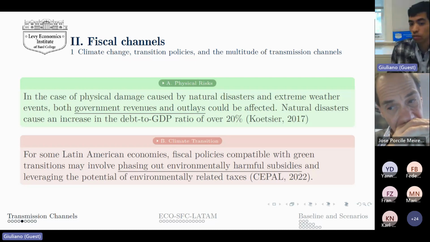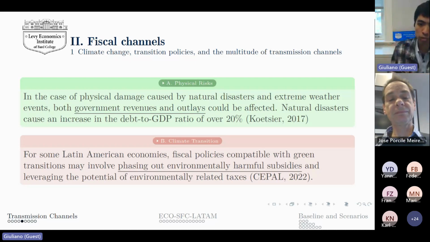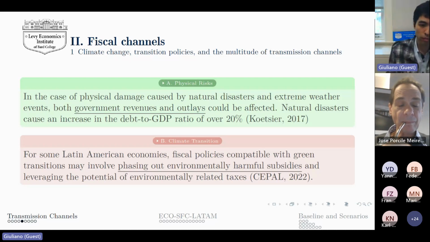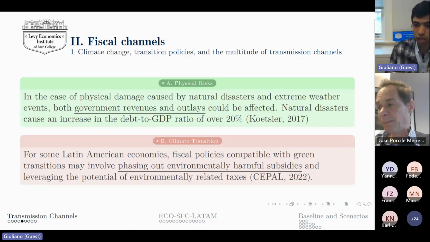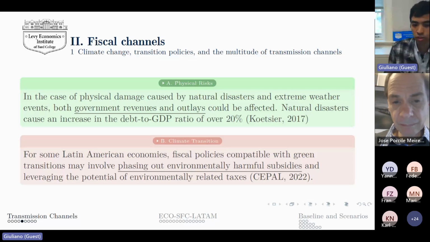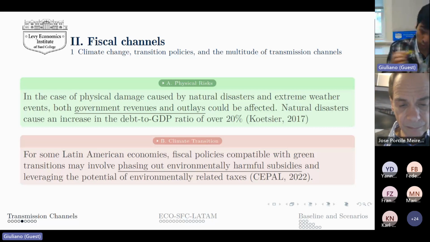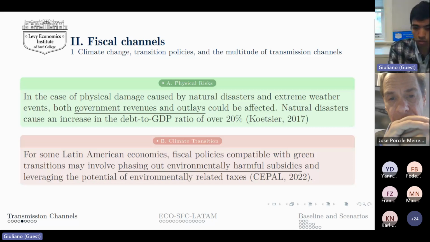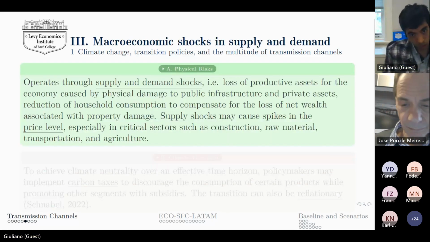And from the climate transition perspective, this may imply phasing out environmentally harmful subsidies, especially in the Latin American region in particular, and trying to leverage the potential of environment-related taxes. This sort of substitution may not be perfect, as we will see.